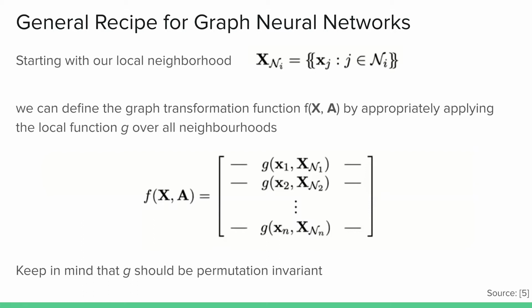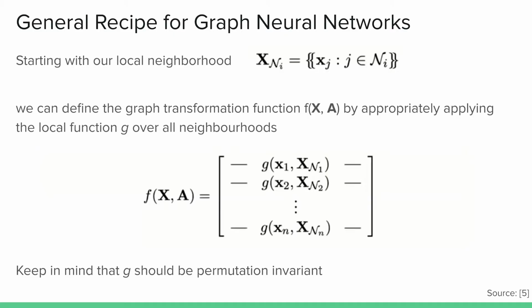Meaning we can define a graph transformation function mathematically, f of x and A, by appropriately applying a local function g over all neighborhoods. This function g should be permutation invariant, so it doesn't matter which neighbors we read first. And we apply this function g on each node.